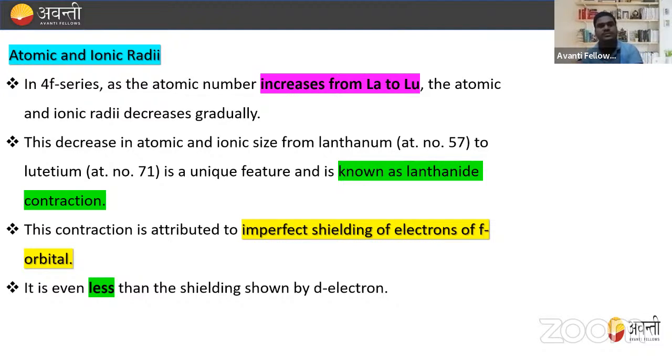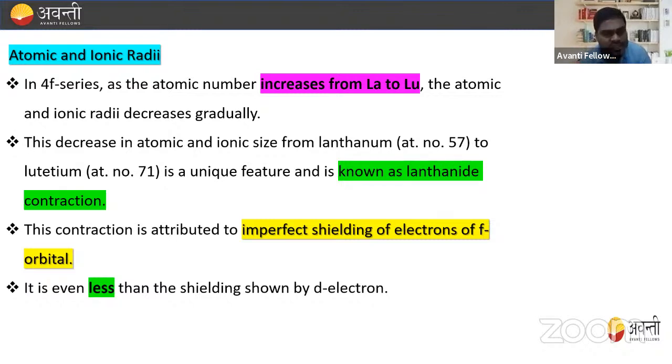Now, these are basically the atomic and ionic radii. In the 4f series, as the atomic number increases from lanthanum to lutetium, the atomic and ionic radii decrease gradually, because we know that whenever we move from left to right, due to increase in the nuclear charge, size always decreases.